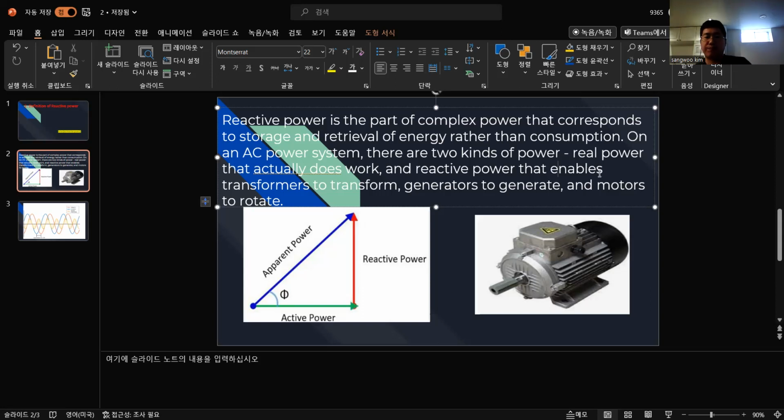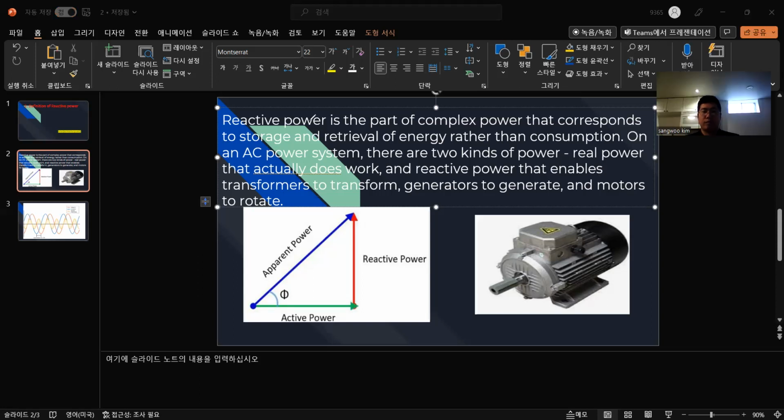So let's see. First of all, we need to know about the general load situation in the daytime. So here's a power system, right?